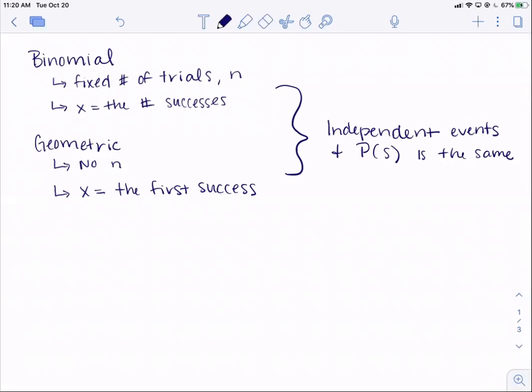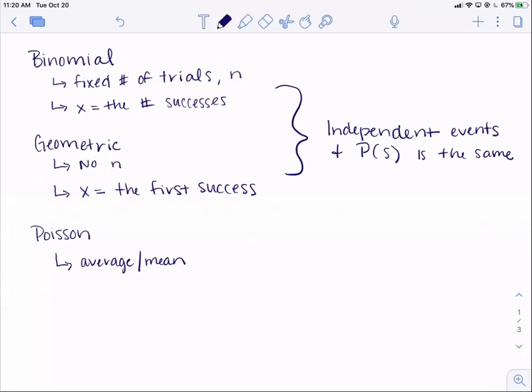That's what they have in common, but you really need to make sure you understand the differences between the two. And then Poisson, we don't have an n value, but instead what makes it special is we have some type of average or mean. That's like the keyword you're looking for in the problem.